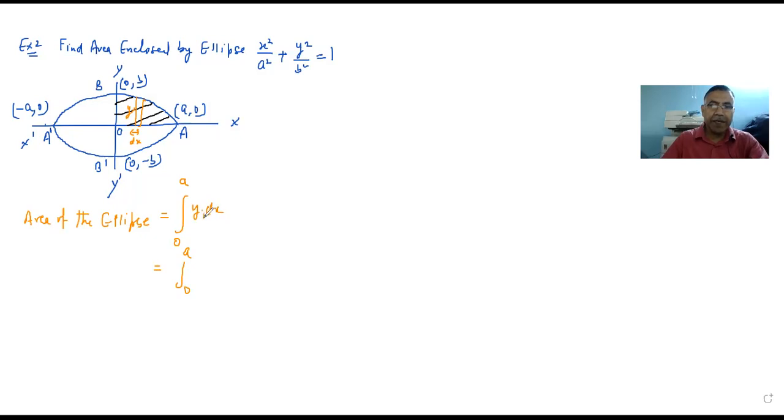Because the limit here is a and it is dx, I will convert this y into x, and I am going to take the limit also from 0 to a, that is of the x-axis.